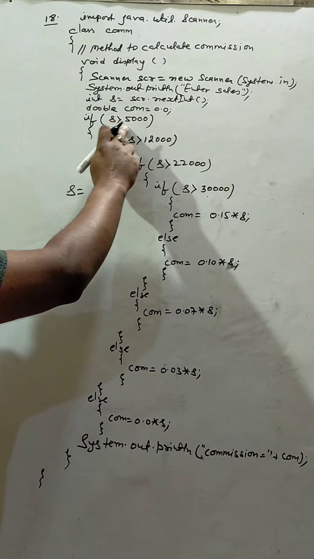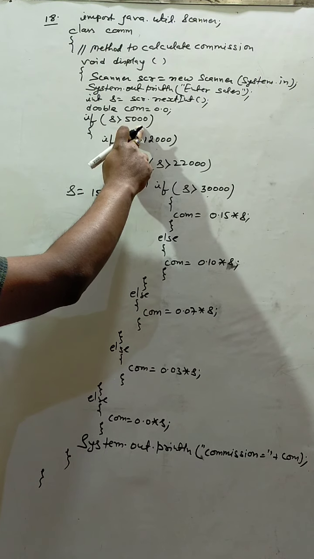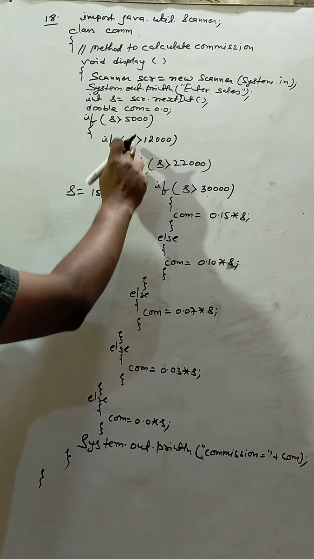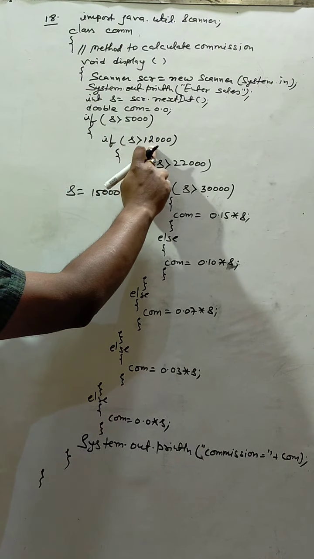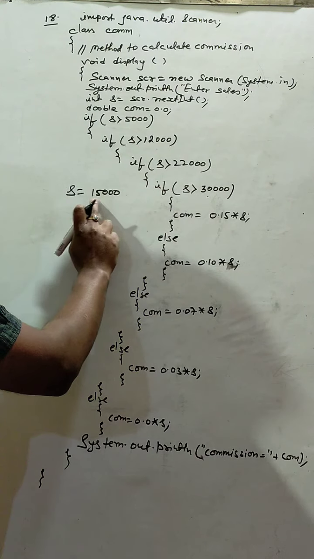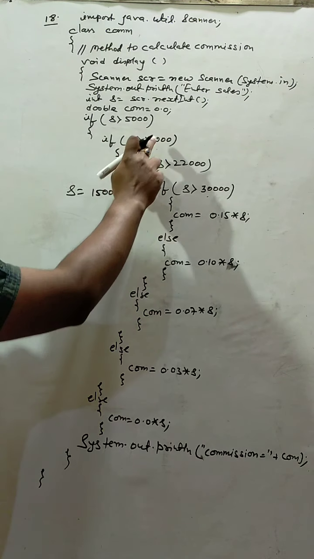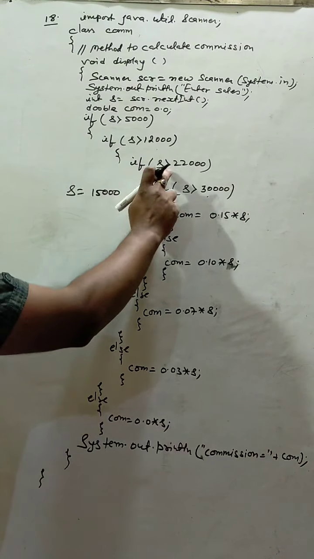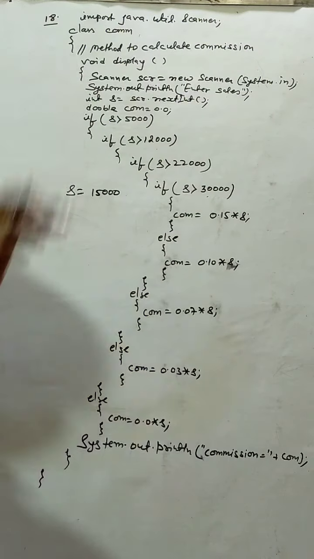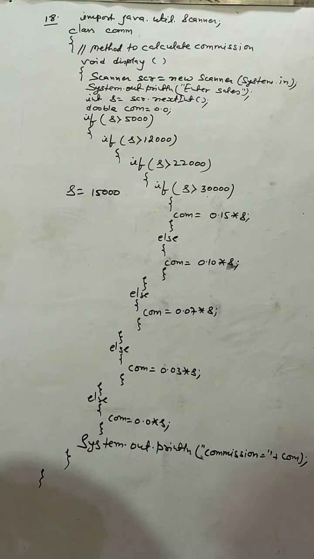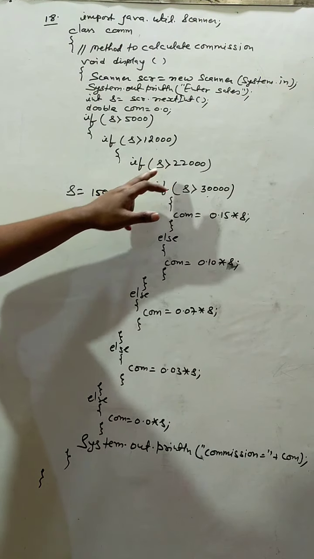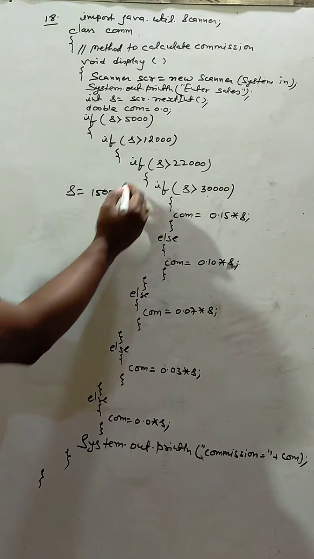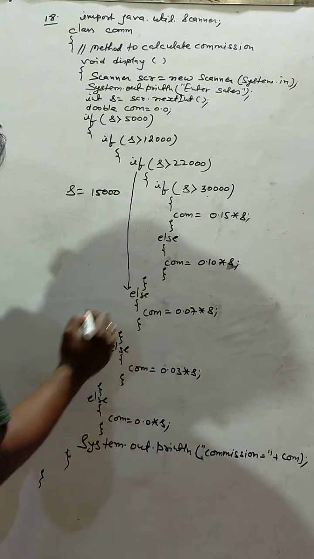Start from here. S greater than 5,000. Yes, this condition is true because 15,000 is greater than 5,000. Again, control goes inside. S greater than 12,000. This condition is also true because 15,000 is greater than 12,000. S greater than 22,000. 15,000 greater than 22,000? This part evaluates to false. Then control transfers to its else part, and this is the else of this if.